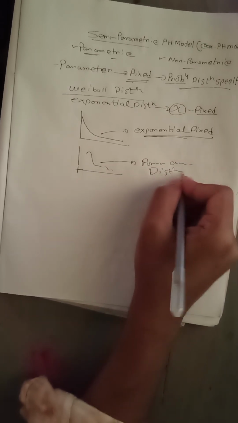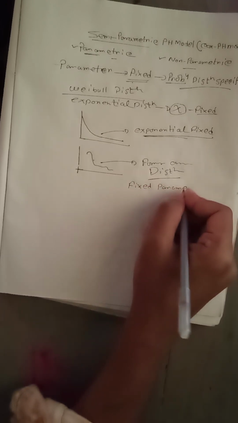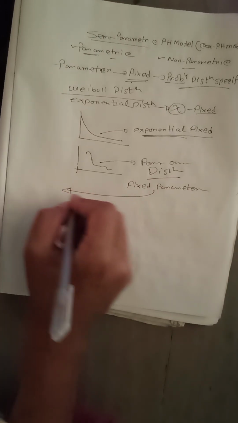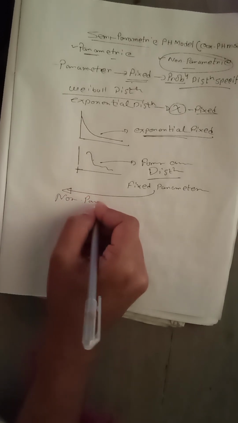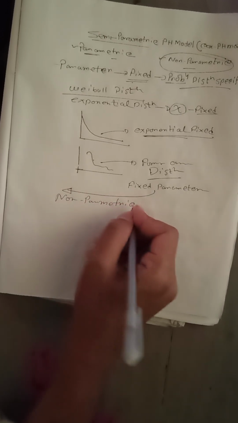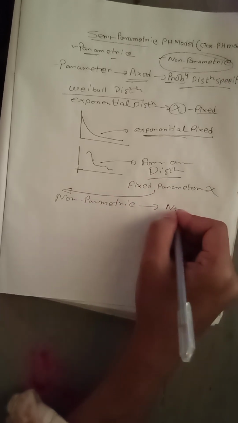We cannot form any distribution here, because it doesn't follow any specific distribution, because it does not have any fixed parameters. That is the case in the non-parametric world, where there are no fixed parameters.